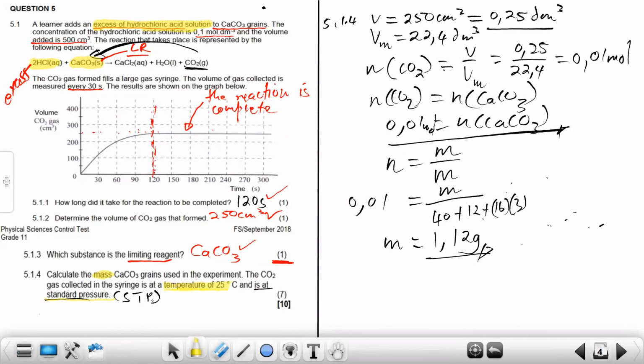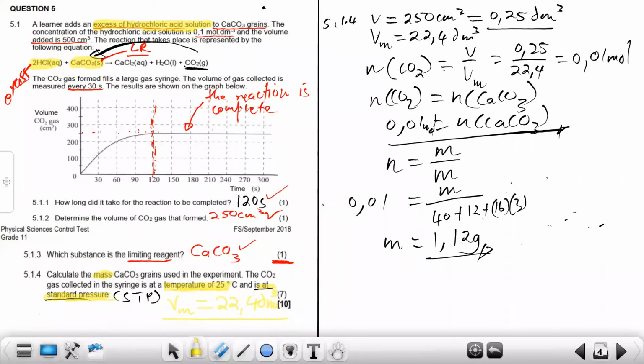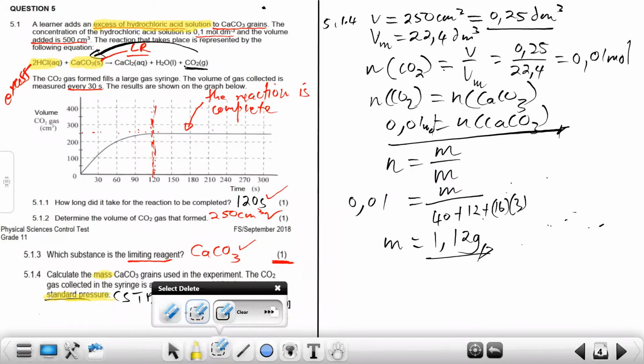We said also our pressure must be 1 atmosphere or 101.3 kilopascal. But we are told this is at STP. What did we say about STP? We said it gives us a platform of using the molar volume of a gas, which is 22.4 decimeter cubed. Let me change and write with a pen, not with a highlighter.